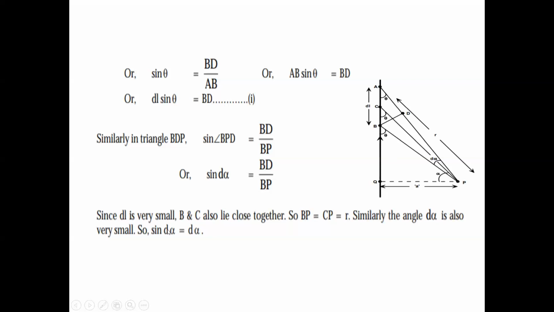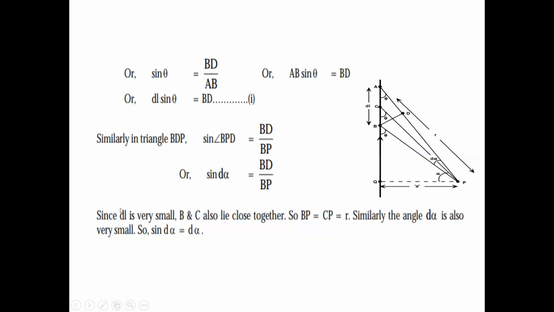Since dl is very small, B and C also lie close to each other. So you have to imagine that B and C are also at the same point. Then the distance between this dl element to P is taken as r. So BP value or CP value both are equivalent to small r.